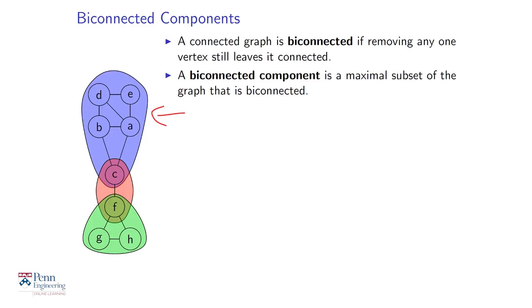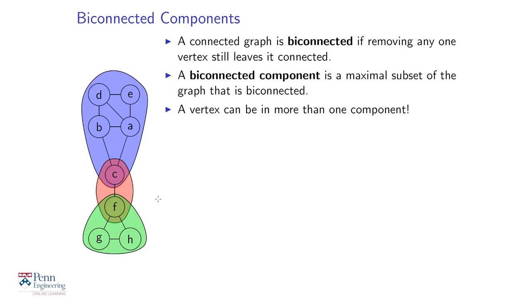The orange vertices, C and F, form one biconnected component. And the green triangle FGH forms another biconnected component. So there are three biconnected components in the graph here. Notice one thing that's different from a strongly connected component. A strongly connected component is an equivalence relation on the vertices.